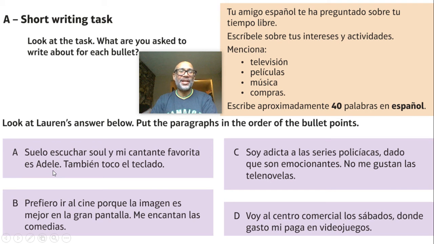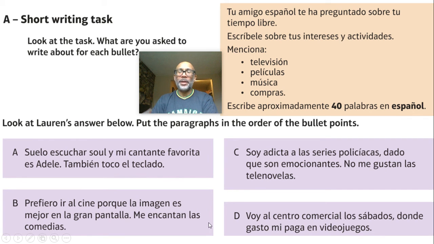Notice you don't need to break it into the Spanish style pronunciation of Adele, because when you've got a name of something, often if it's taken from another language, like this is taken from English, then you can pronounce it the English way. También toco el teclado. Also, I play the keyboard.